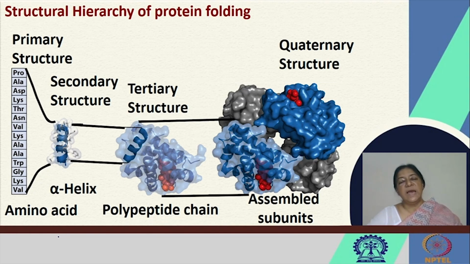If we do not have the active site residues in the enzyme in three-dimensional space, in the specific conformation, in the specific scaffold that they are to be located in, then the substrate cannot bind. So the protein folding process is extremely important.